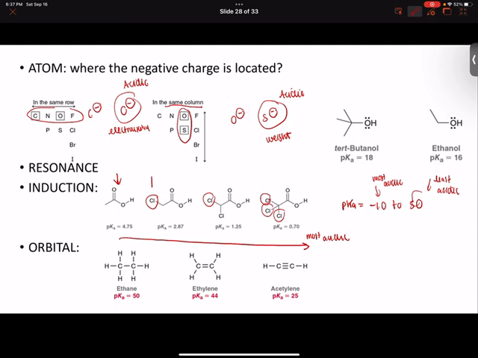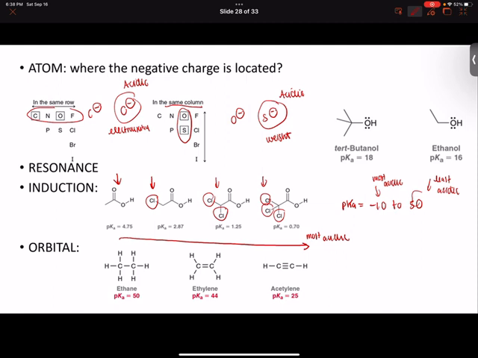Well, we're adding one induction factor in here, and it makes it more acidic. We add 2, and it's way more acidic than one that only has 1. And this one that has 3 is way more acidic than the other ones before it. So the more induction factors you have, the more acidic your molecule is going to be.